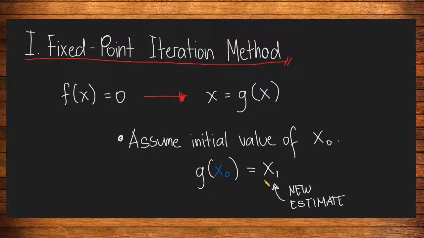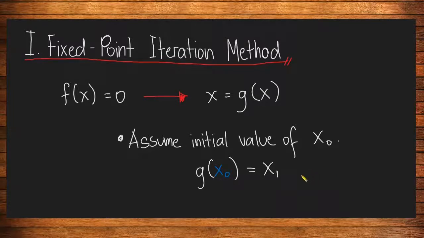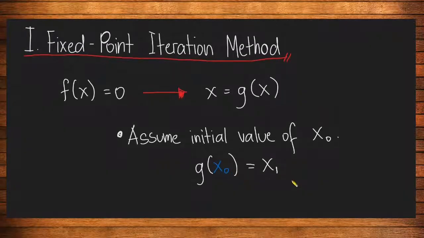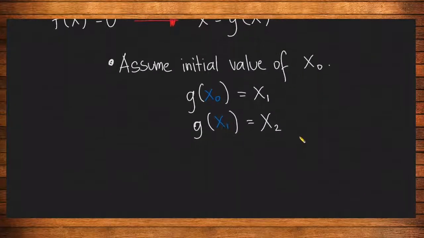Ito na yung magiging second estimate natin. After that, the second value is then substituted back into g of x, which then gives the third estimate of the solution. Yun lang yung gagawin natin sa fixed point iteration method. Assume tayo ng initial value for our x or for our root, and then we will just substitute that into our g of x. Whatever the result of g of x, yun naman yung magiging new estimate natin.